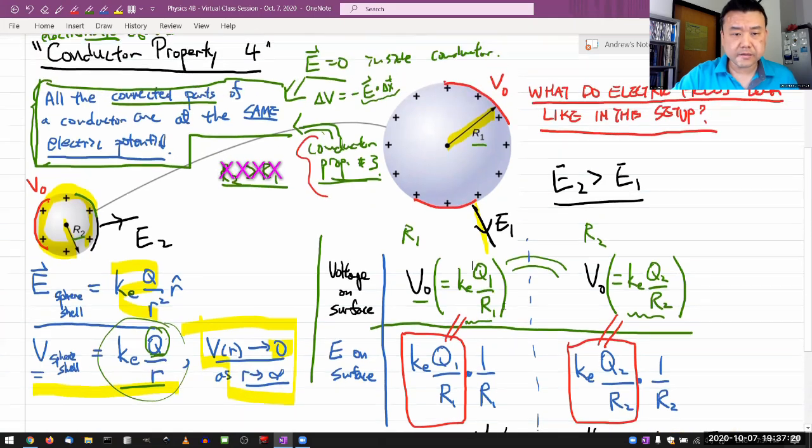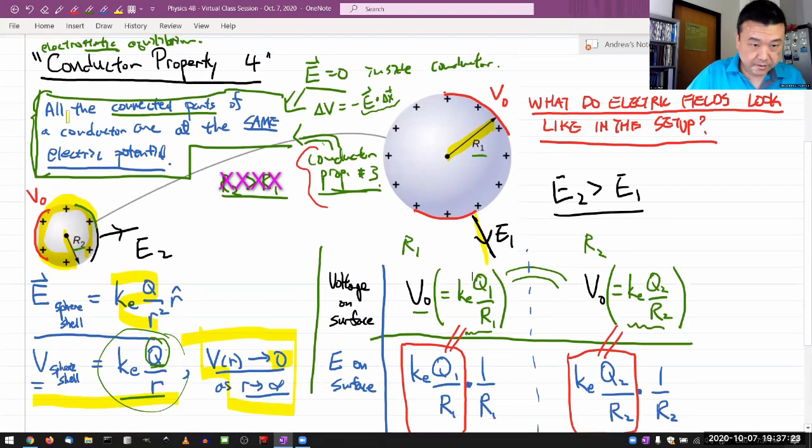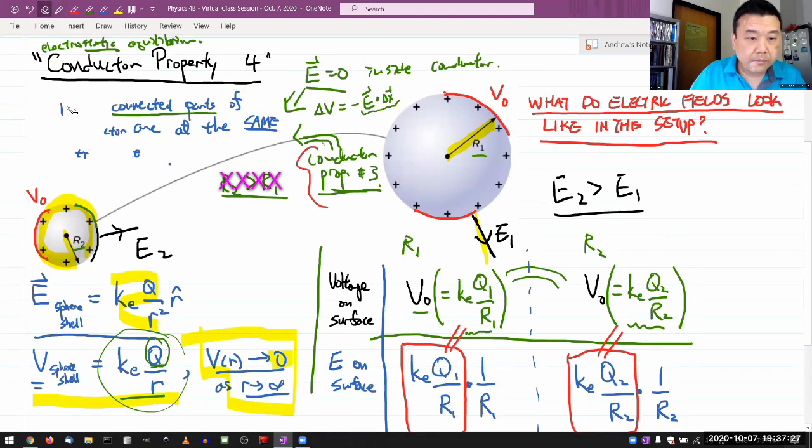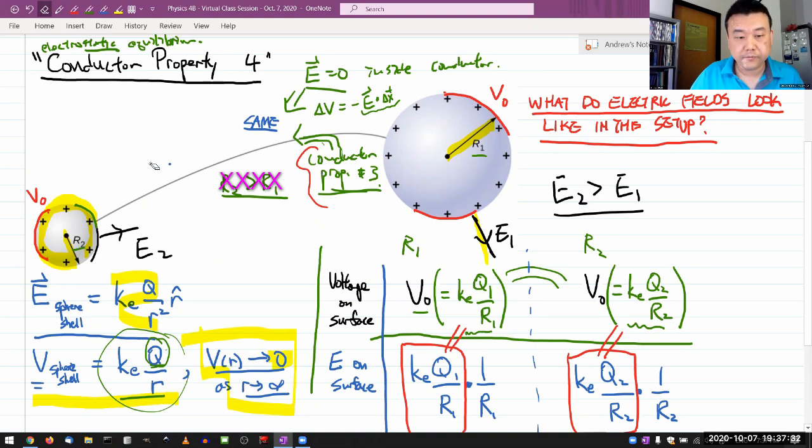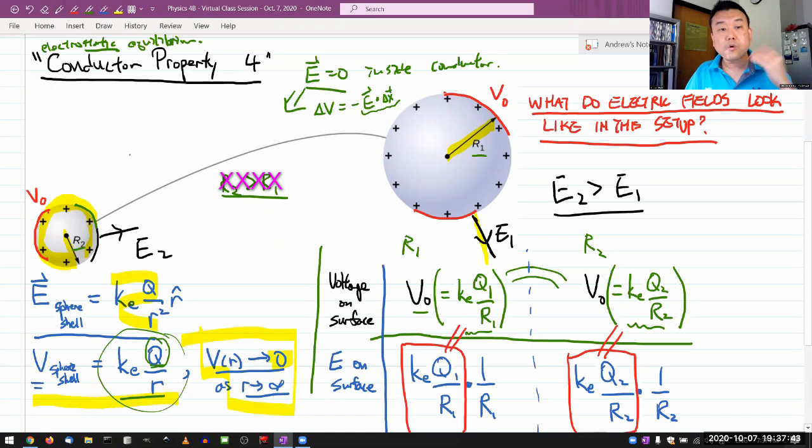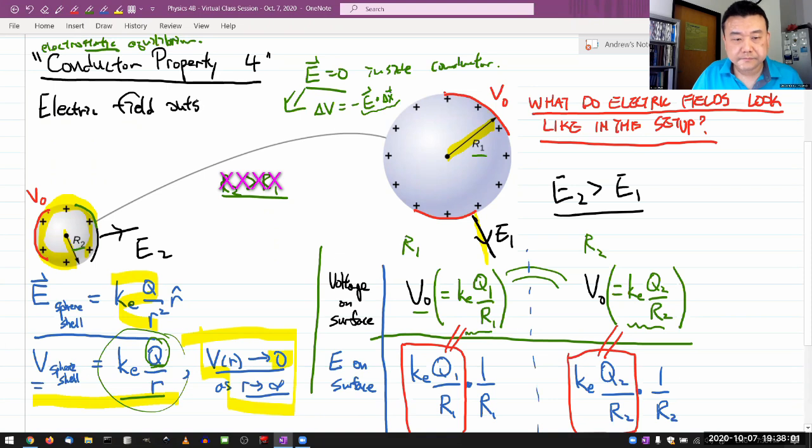Let me write that out explicitly, which is erasing this conductor property number 3. Conductor property number 4. So this can only really be stated in a qualitative way because this particular example is a deliberately simple example where we could analyze it in detail. So conductor property number 4, the way we qualitatively state it is electric field outside charged conductor.